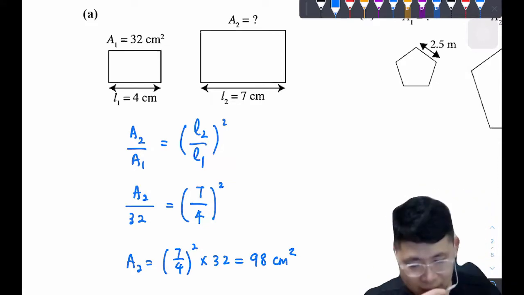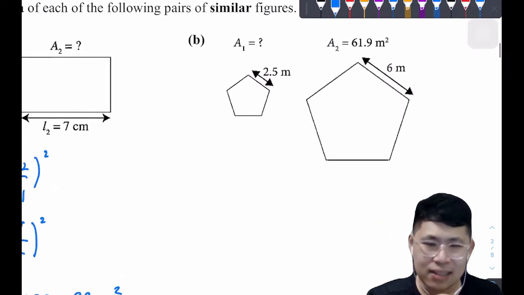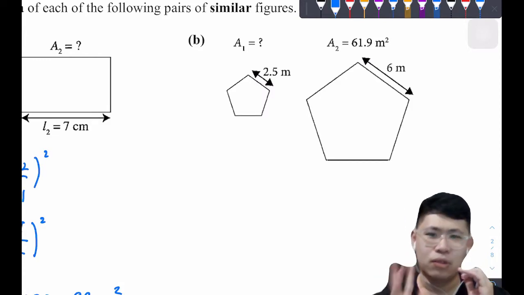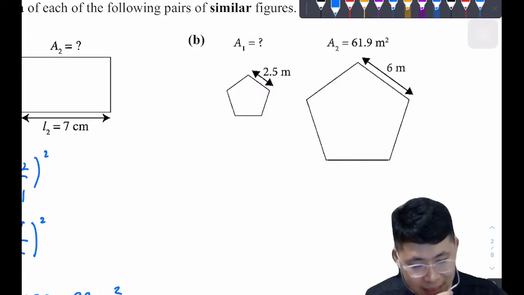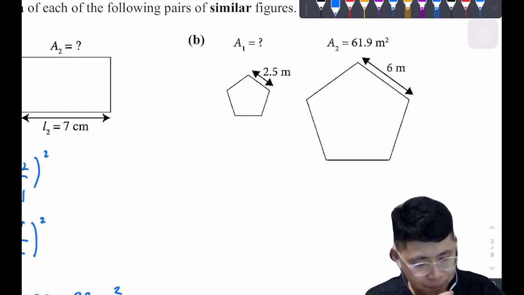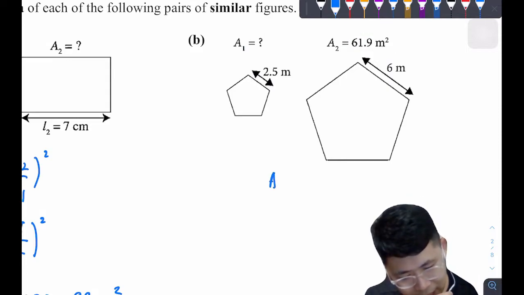Now let's take a look at B. B is a pentagon, so it works exactly the same way for any shape. As long as they are similar, it works for any shape. Over here, length 1 is 6, length 2 is 2.5. Area 1 is 61.9, and the other is the unknown. So we are looking for A1.